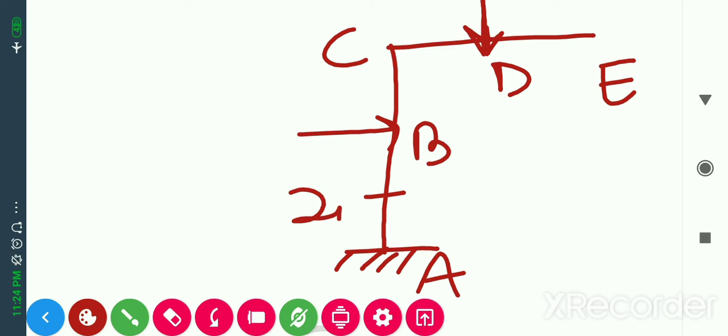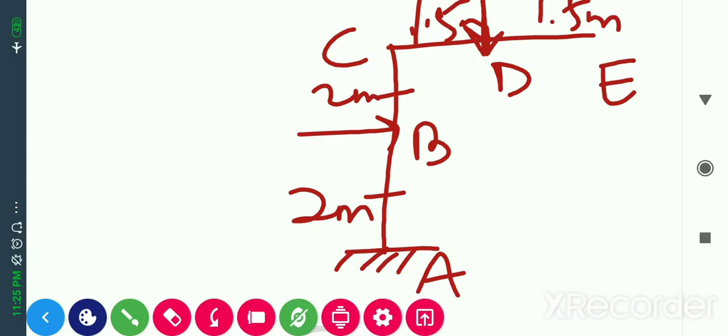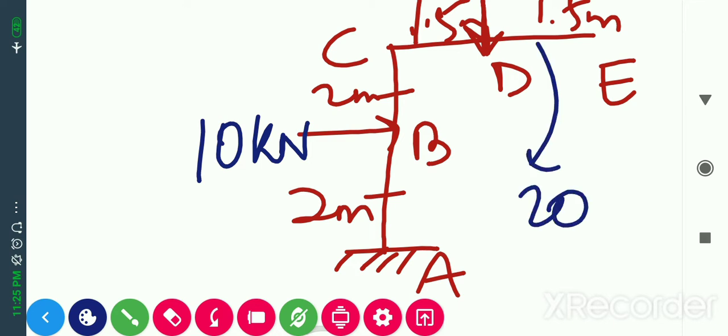This is 2 meters, this is 1.5 meters, this is 1.5 meters. This is the dimension of the frame, and the load which is acting here is a 10 kilonewton load, and here the load acting is a 20 kilonewton load.